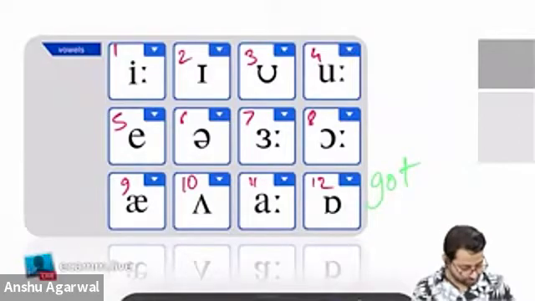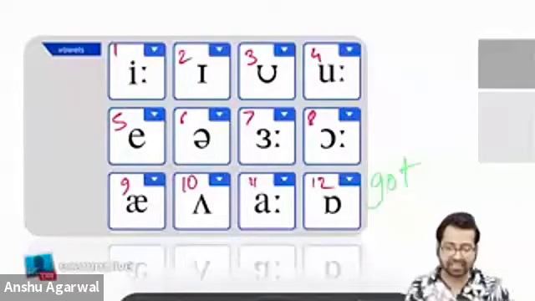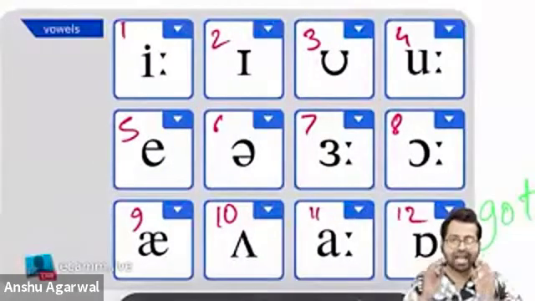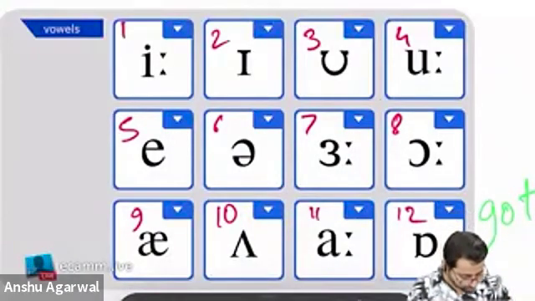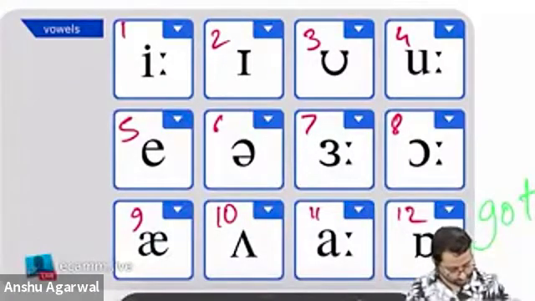Now see, guys, when you talk about the length, the symbols make it very clear. Some of the symbols have 2 triangles facing each other. You can also make circles for them. All of them are long sounds, guys. All these ones here, this one, this one, this one, this one, this one.